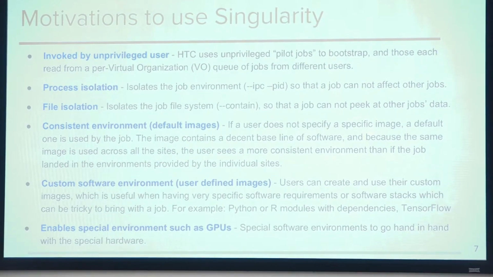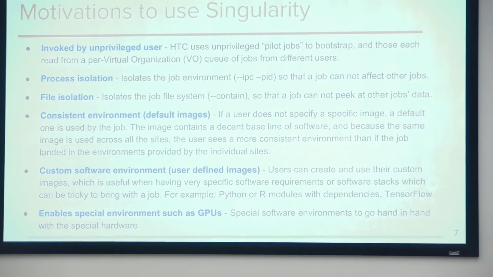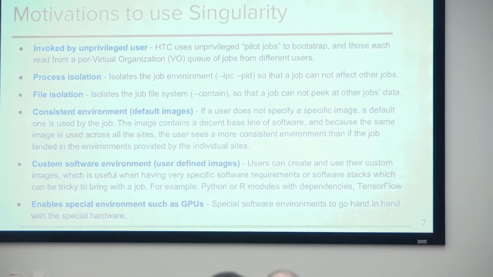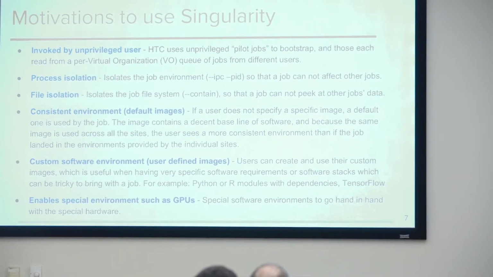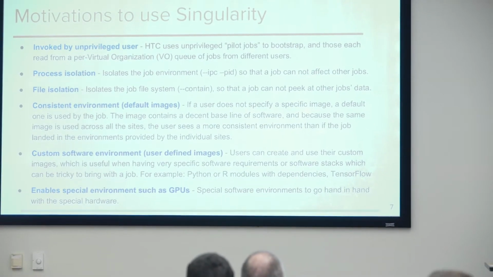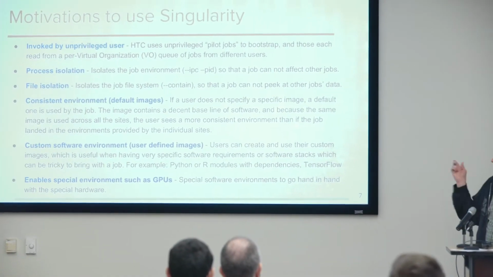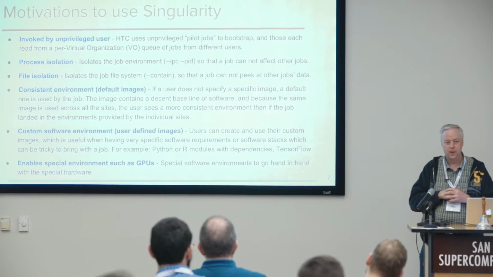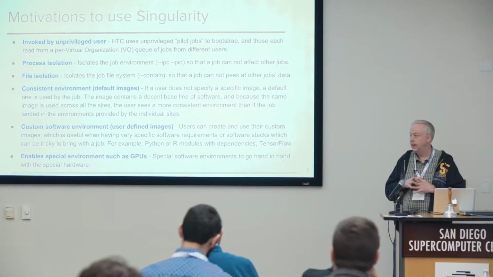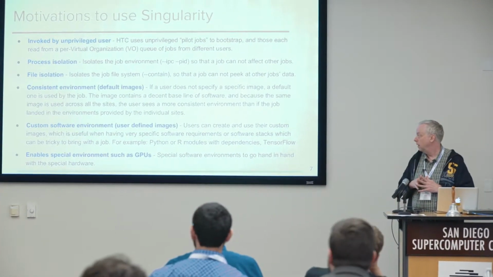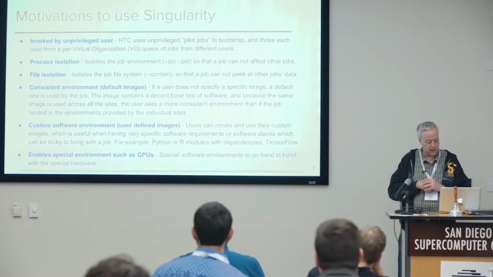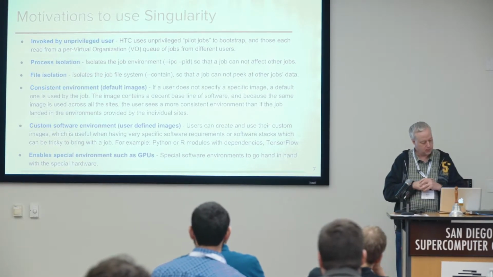In a lot of cases, a single pilot job could be running jobs from many different users, and we don't want them interfering with each other. So isolation was very important to us, to be able to use separate IPC and PID namespaces, and also file isolation with the contain option.